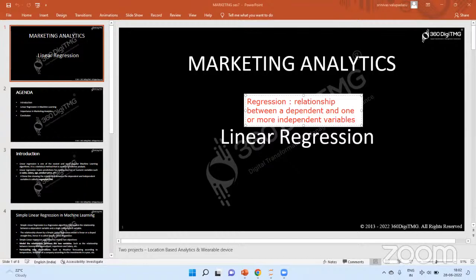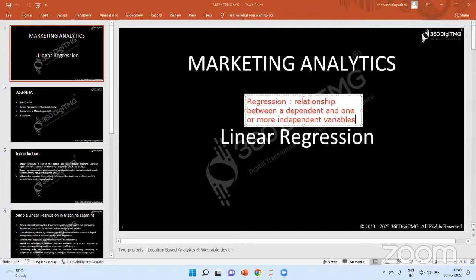The dependent variable we call the target variable, and the independent variables are nothing but predictors. Regression helps us understand how the dependent variable is changing corresponding to the independent variables, so how the output is changing with respect to the independent variables. That is nothing but regression analysis.